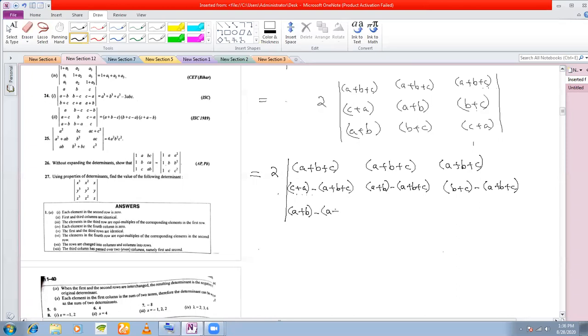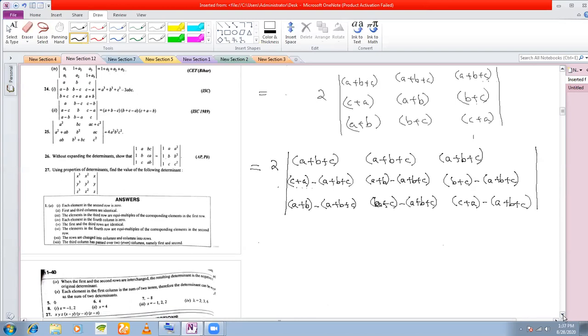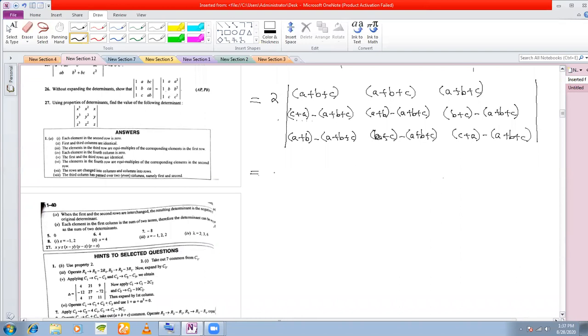See what do I have here? Twice a plus b plus c, a plus b plus c, a plus b plus c. First row remains as it is.